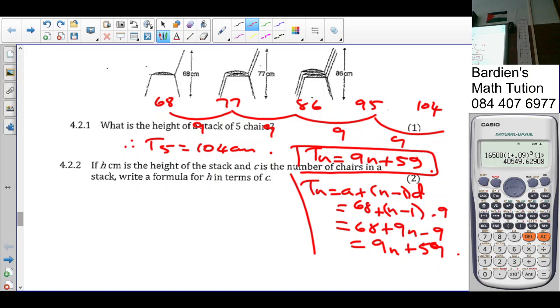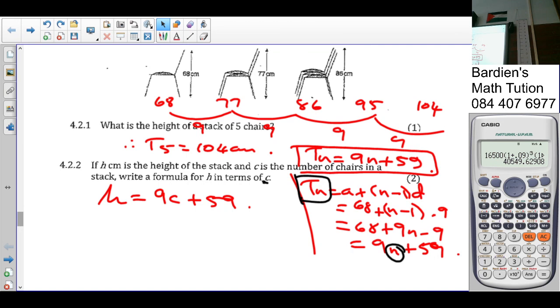We are given that the term number is now denoted by c, and your general term is denoted by h. So h is equal to 9c plus 59. Does it make sense? Yeah? The next question.